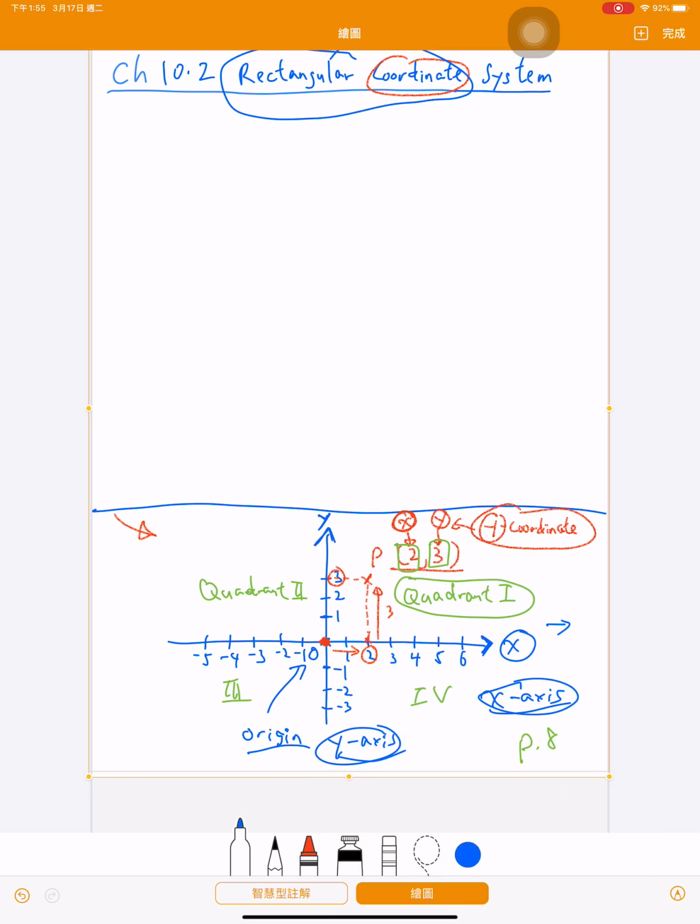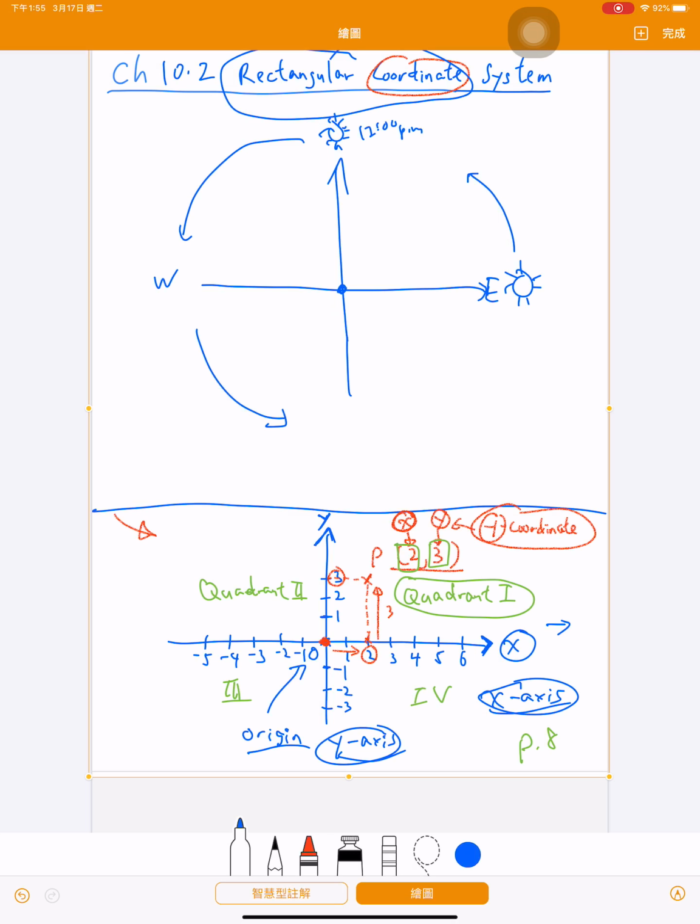So you can see, the sun rises from the east, right? And then rises in here, and then on the top is the noon time, 12 p.m., and then goes to the west, and then finally you cannot see because it's nighttime, and then again one day, right? So you can see the cycle is like this.